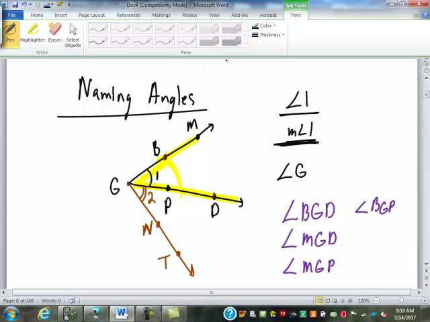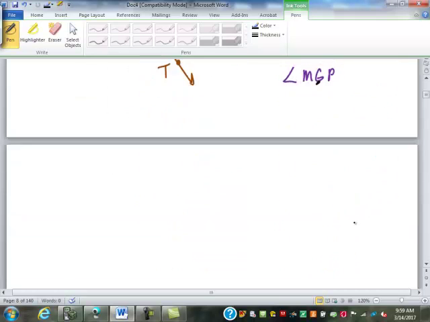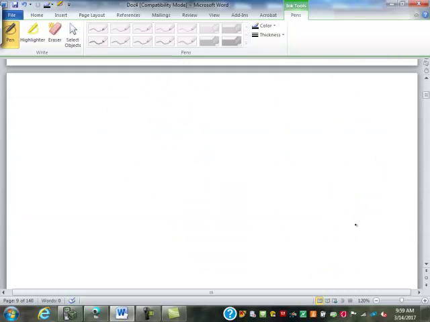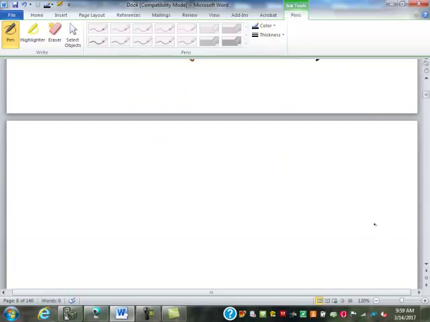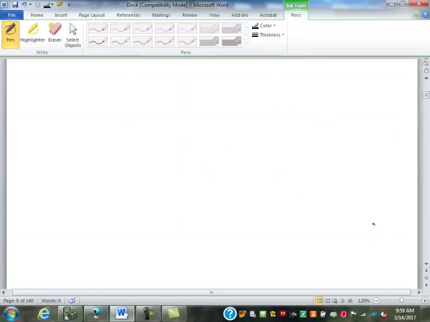The only thing that's actually required is that the vertex must be in the middle. Then 1 point from each side. So, yes, you could have done PGB, PGM, DGP, or DGB, DGM. Yeah, there's all sorts of combos.